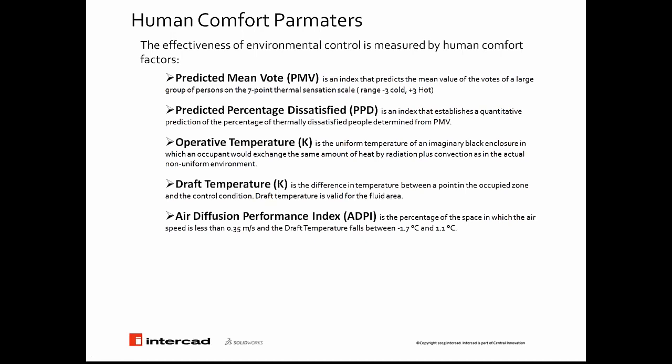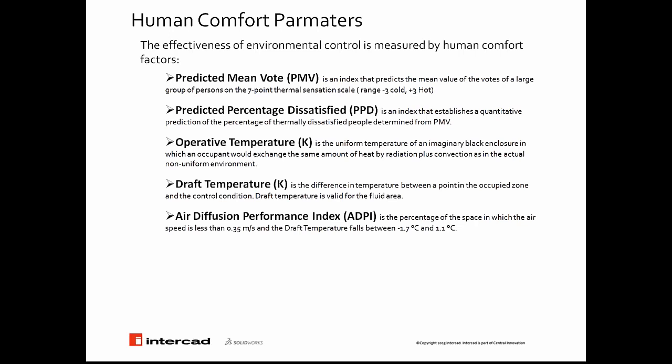First is PMV, an index that predicts the mean value of votes of a large group of persons on a 7-point thermal sensation scale. So very cold is ranked -3, very hot is ranked +3, anything between, and the perfect one is 0.